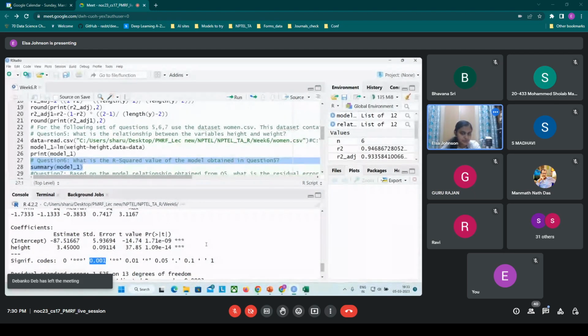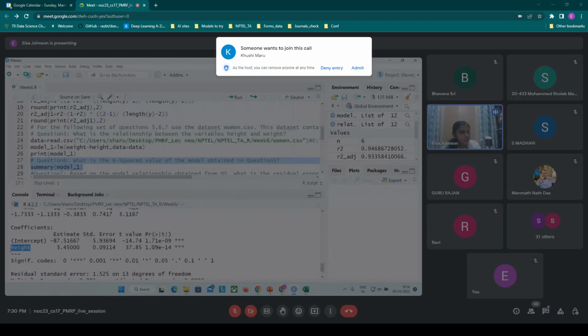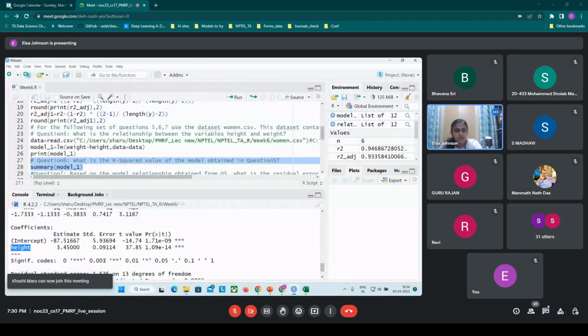Okay, so for example, in one of the lecture videos, the beta for the intercept had a higher value like 0.2, and for the beta 1 value it had come as some value like e raised to minus 14.